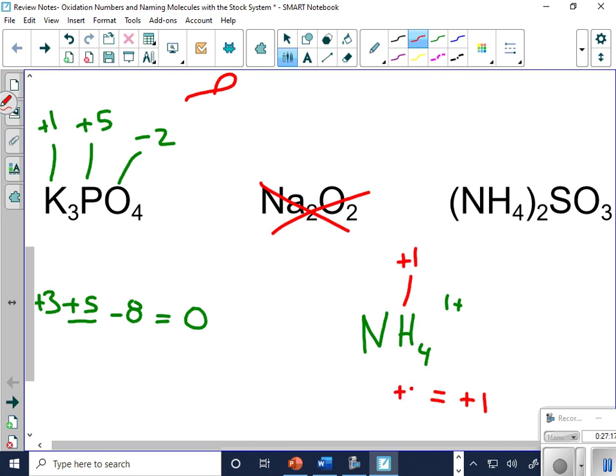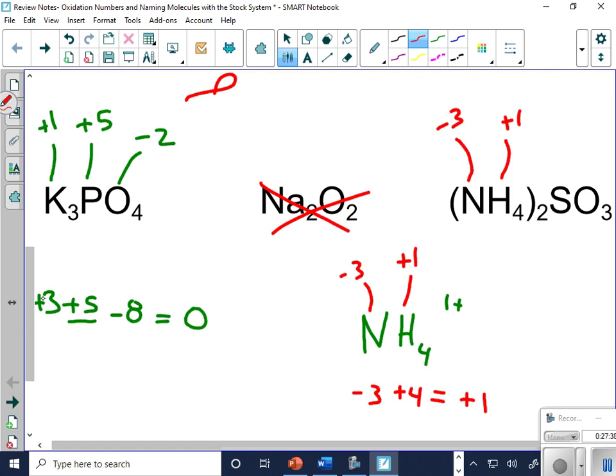So that gives me a +4. That must mean that this nitrogen has to be -3. So I've done nitrogen and hydrogen as ammonium right there. So I'm going to put here a +1, here a -3.